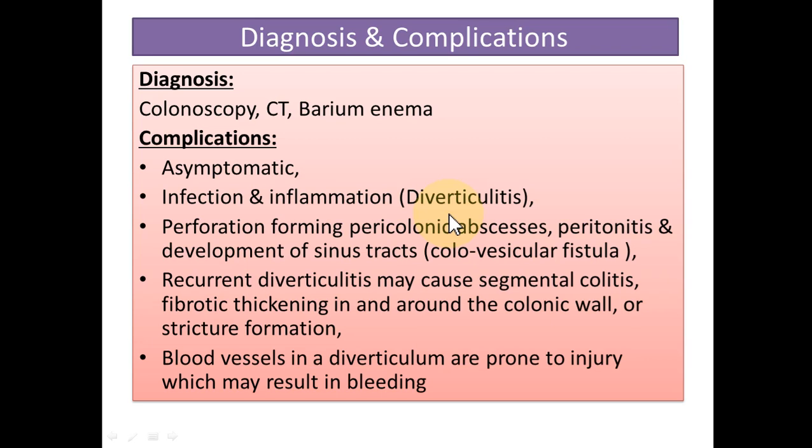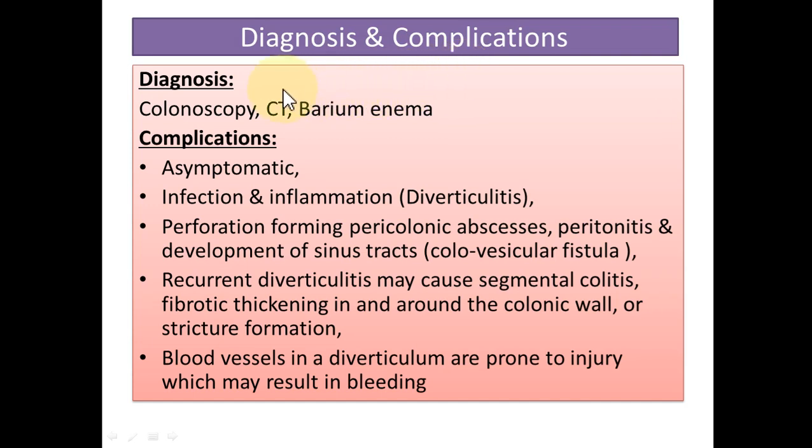The diverticulosis is mostly asymptomatic, and most of the time the patient is unaware of the fact that they have a disease. But if we do colonoscopy or other investigations for some other reasons and for some other diseases, we may incidentally see the diverticula.